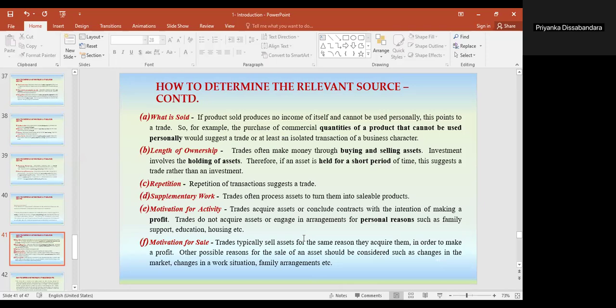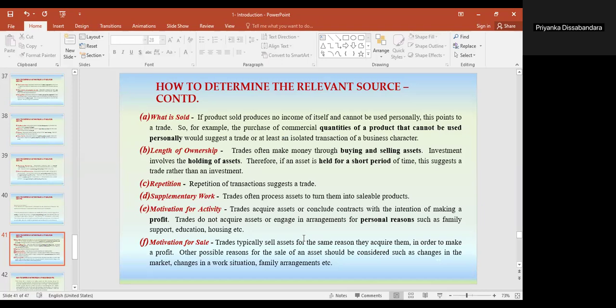What is sold? If we sold a large quantity of product, then we can consider it as a trade.